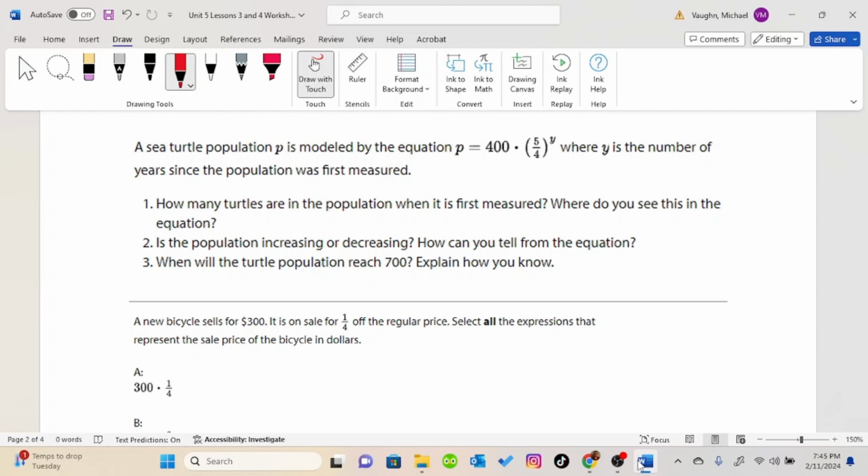Where do you see this in the equation? The population when it is first measured is 400 turtles. And I see that right here as the standalone number in the equation.